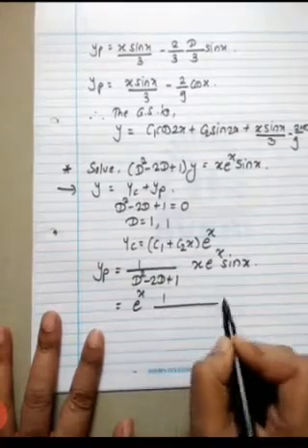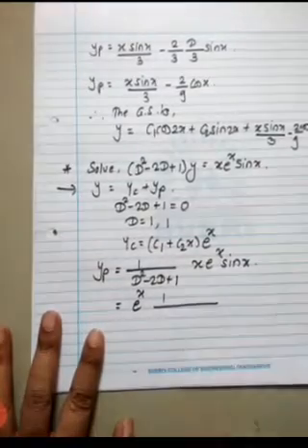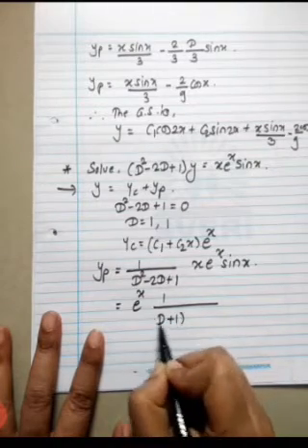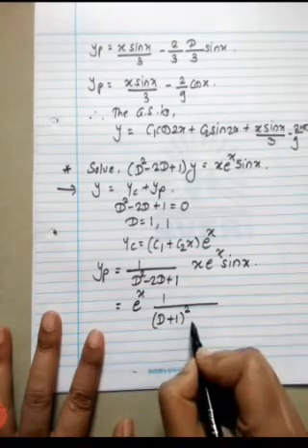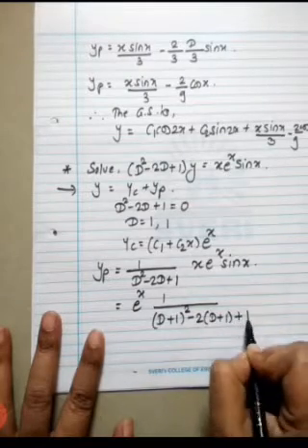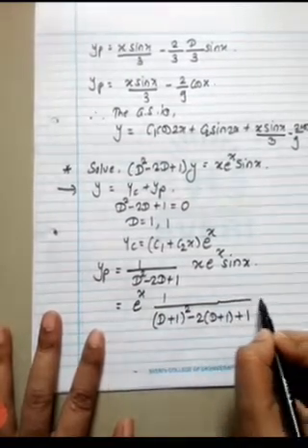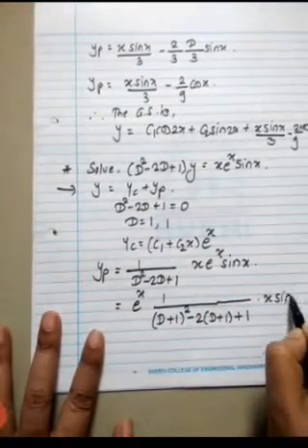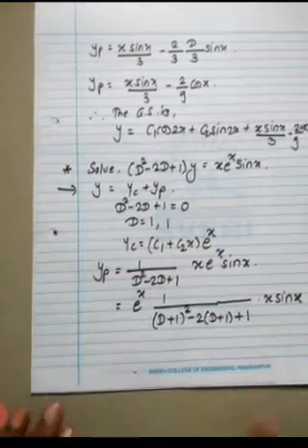This is e raised to x into v. While coming out, e's power will be added to D. So it is D plus 1 square minus 2 D plus 1 plus 1. And what remained here? x sin x. Very good. e out and the remaining function is here.